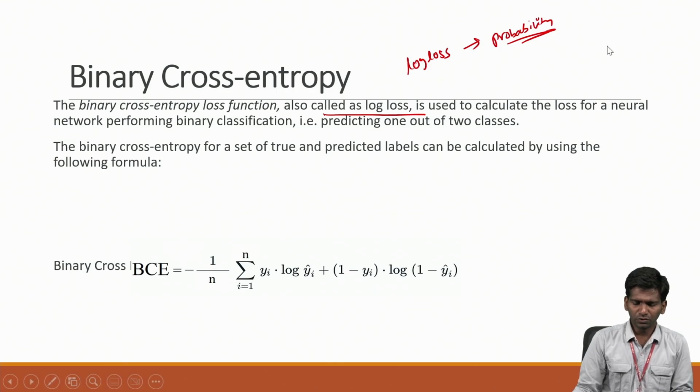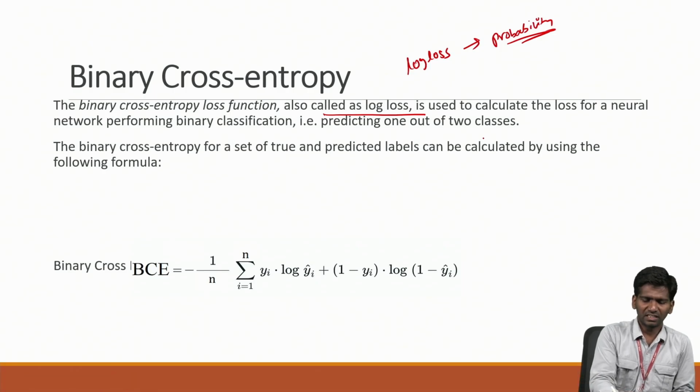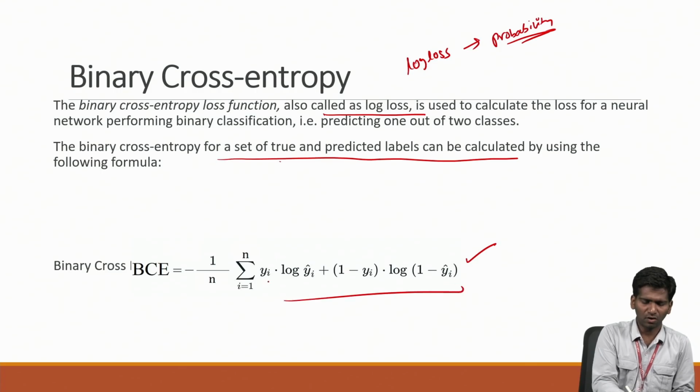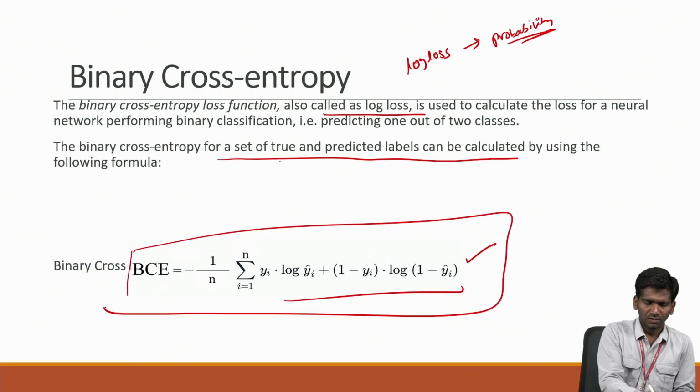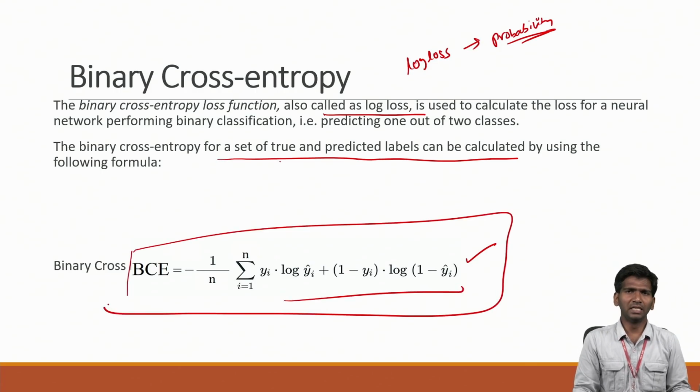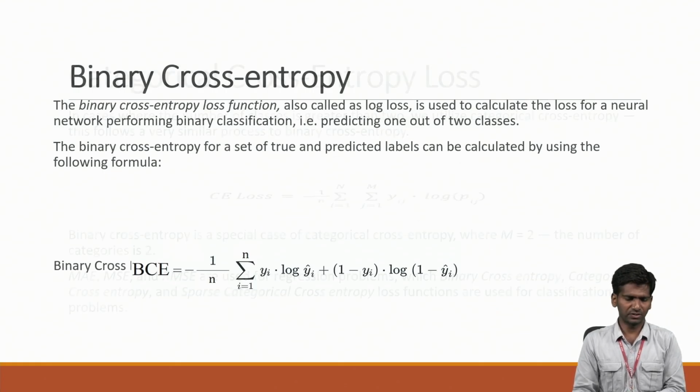It is used to calculate the loss of a neural network performing binary classification, that is, predicting one of two classes. This is the equation for binary cross entropy, set for true and predicted labels. This is the actual formula used for probability kind of scenarios, and in that case we need to use this loss function.